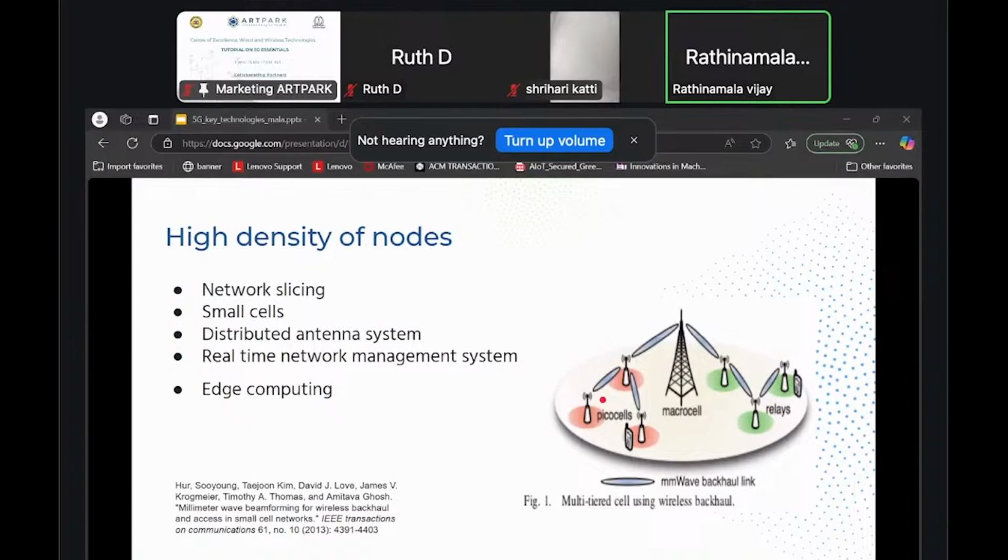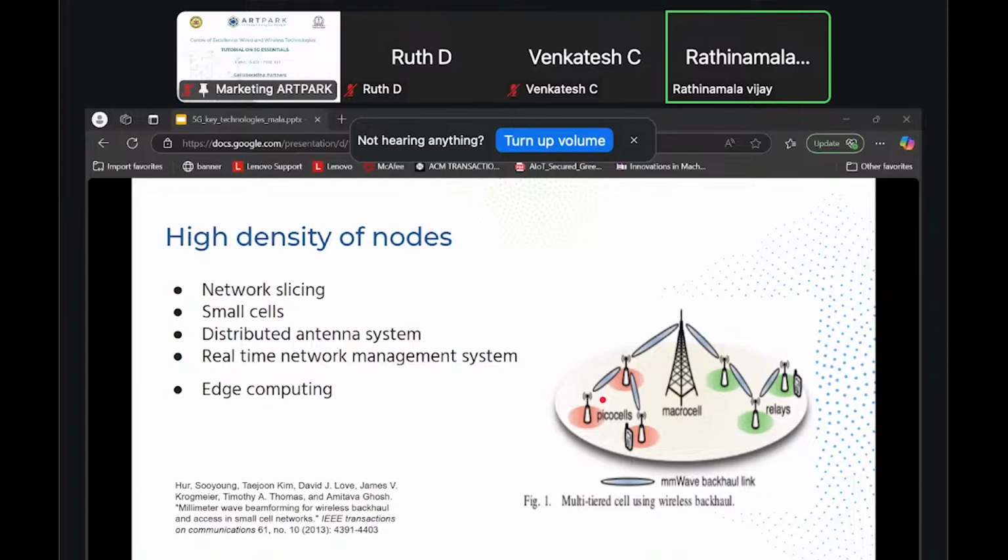So instead of one high powered base station giving coverage to thousands of UEs, you can have several low powered base stations or small cells that can give coverage to many UEs. At the same time, we are reducing the interference among the cells because we have reduced the power. So energy consumption is also going down.